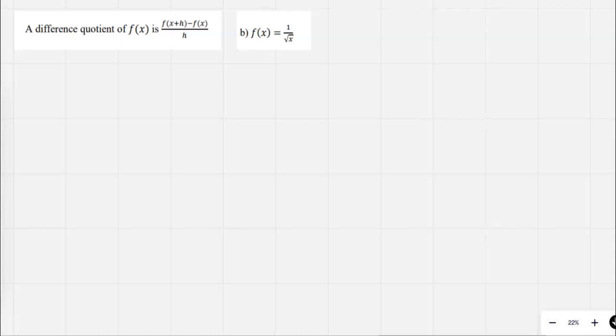So we're going to set this up as our difference quotient of f of x plus h minus f of x over h. We're given f of x already. Just to make sure we're all on the same page, I'm going to write down all my players. I've got f of x, which is 1 over the square root of x, and f of x plus h just simply means I'm substituting h.